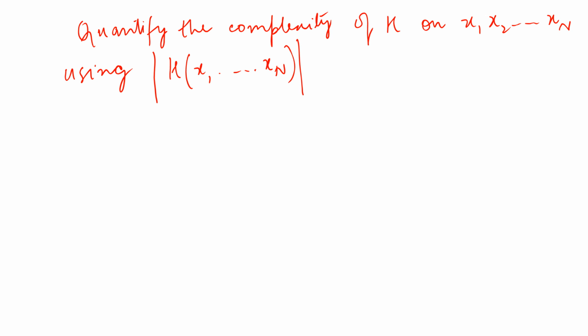So the number of dichotomies that will be implemented by the entire set will be less than or equal to 2 to the n, right? We can definitely come up with this. So this is an upper bound on the number of unique dichotomies that can be implemented by any h that belongs to H.